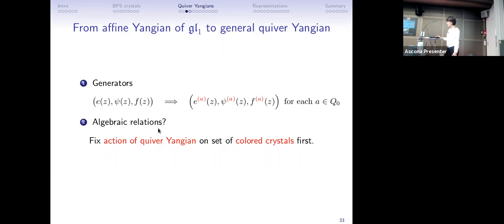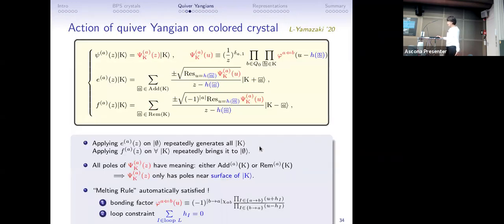To fix the relations, our strategy is to first imitate this slice, to fix the action of this algebra that we don't know yet on the set of the color crystals that we constructed earlier. So this is the ansatz here.